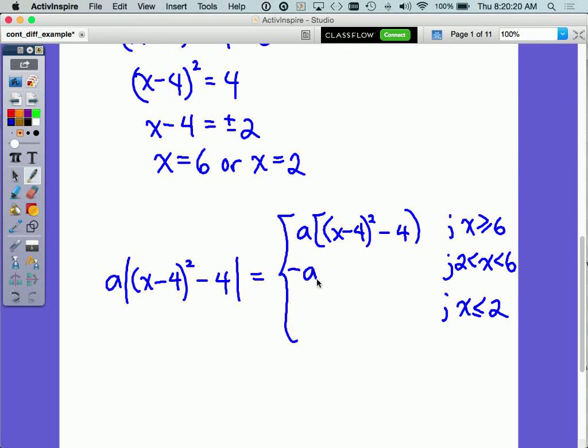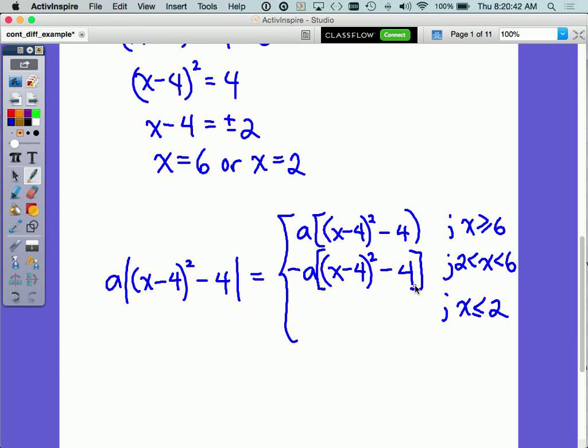So now I'm going to get negative a times x minus 4 squared minus 4. Okay, and that negative is going to multiply through this entire thing.